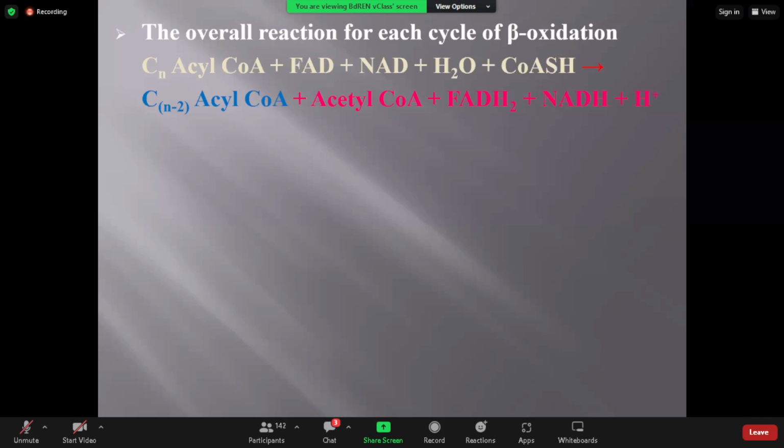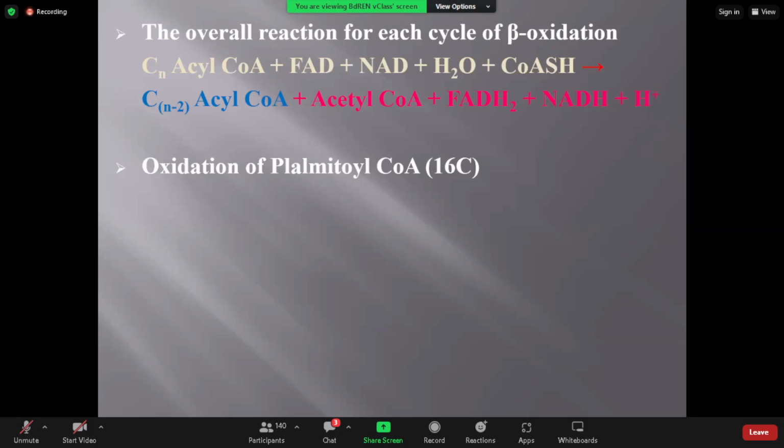So if we take a specific example like palmitic acid, after activation the palmitic acid is converted into palmitoyl coenzyme A. So this component is palmitoyl coenzyme A, 16 carbon. Palmitoyl coenzyme A plus how many FAD? 1 FAD?